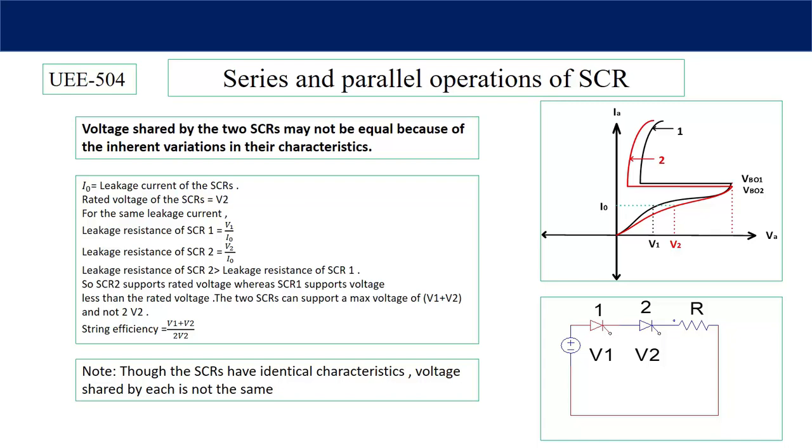I0 is the leakage current of the SCR. Let's take the rated voltage of the SCRs as V2. One of the SCRs is selected as the reference one, so the rated voltage in this case is V2. For the same leakage current, the leakage resistance of SCR number 1 is equal to V1 by I0, and the leakage resistance of SCR number 2 is equal to V2 by I0.